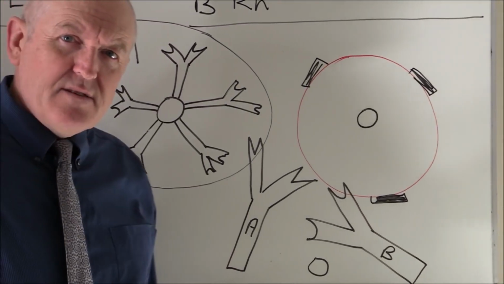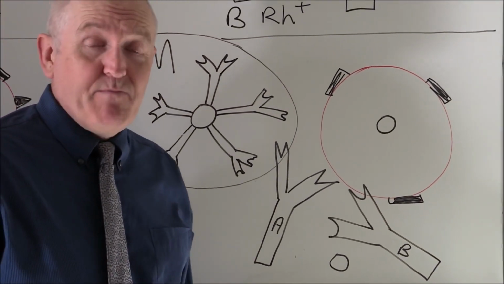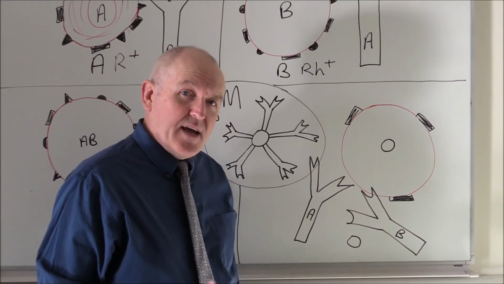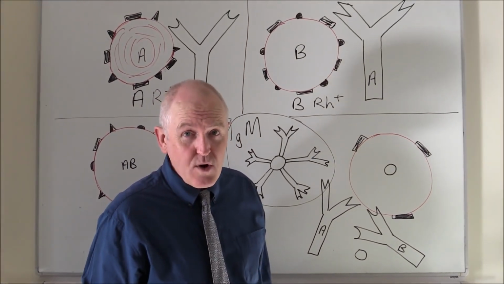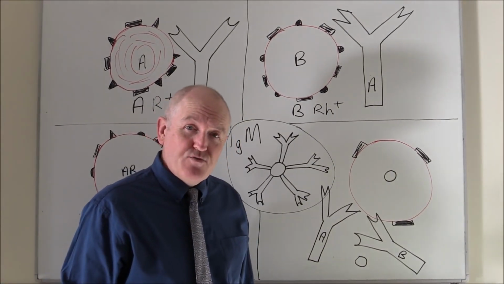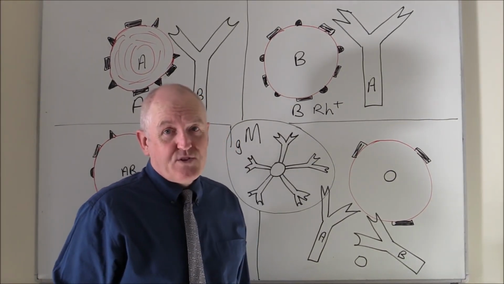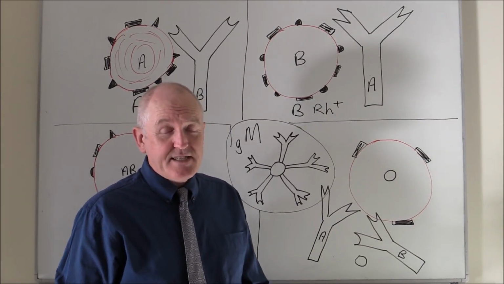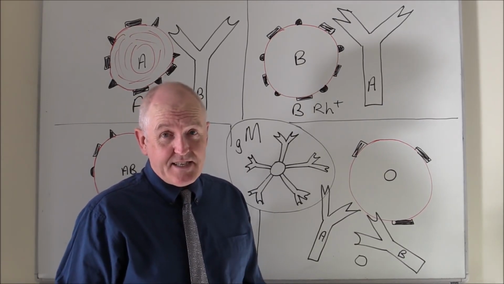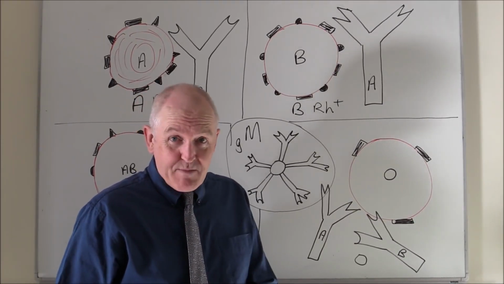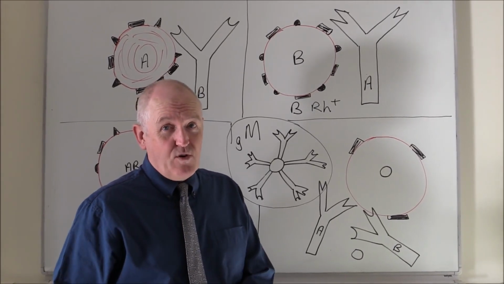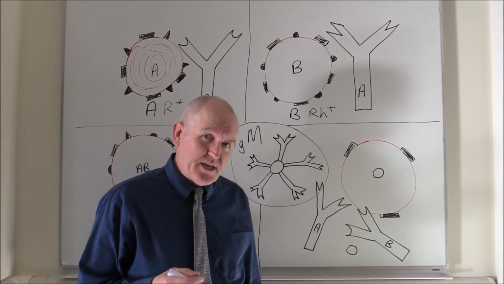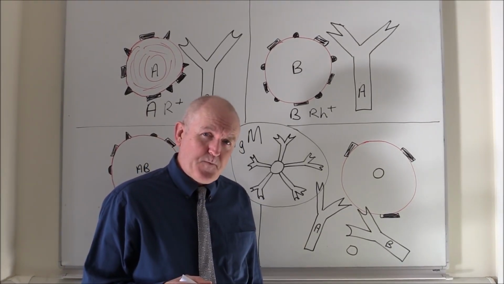So the Rhesus factor is mostly the D factor, and it's simply present or absent. So that means in addition to being A, B, or O, someone can be either of those groups with or without the Rhesus factor. So blood groups can be A positive or A negative, B positive or B negative, AB positive or AB negative, and O positive or O negative. So that describes the blood groups simply using the ABO Rhesus system.